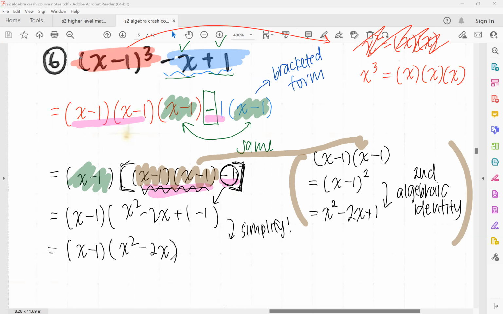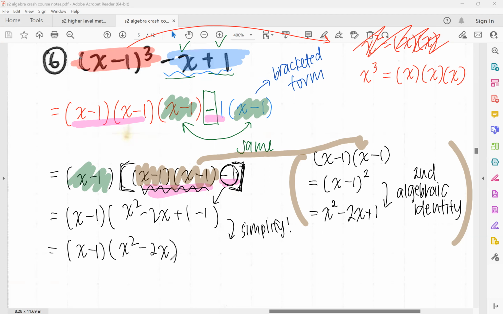How come we say no? Why can't I stop here? So here we only get 2 out of 3 marks, or rather for this case, 3 out of 4 marks. Why can't we stop here? How come? Why can't we stop here?